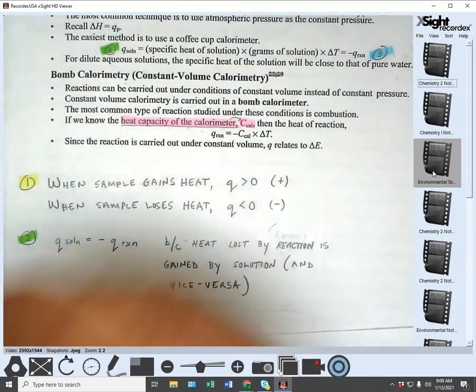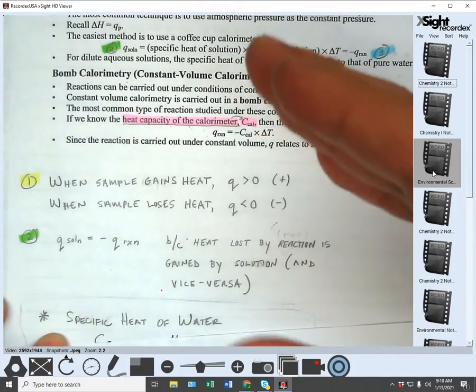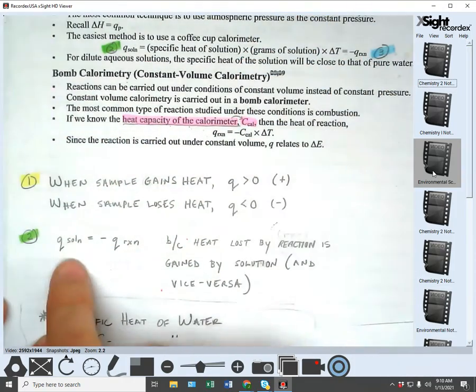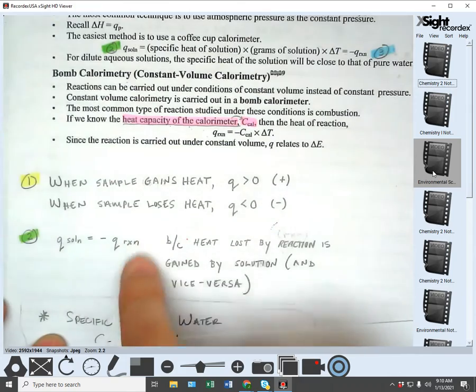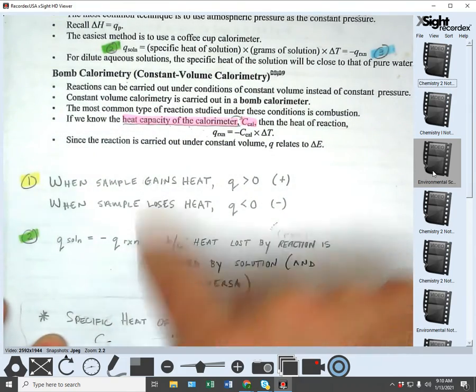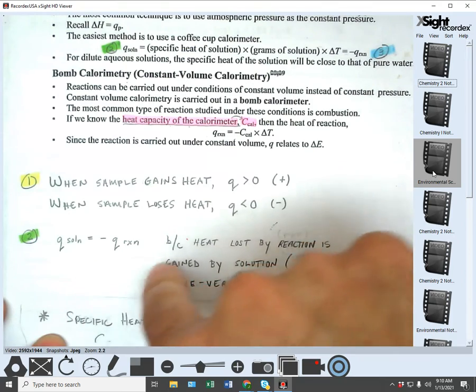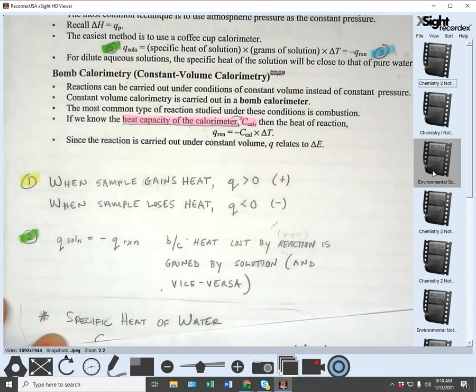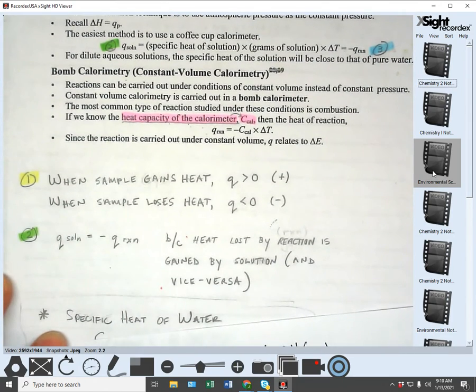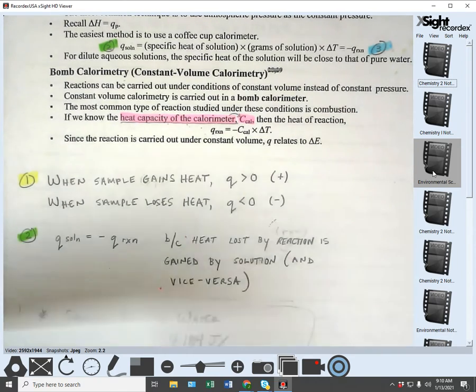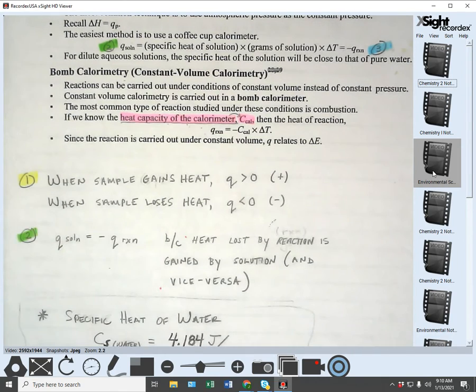So if your temperature goes up, that means the solution is gaining energy, and that means the reaction is losing it. If the temperature goes down, the solution is losing energy and the reaction is gaining it. It can be a little confusing because a lot of times we just think of the liquids themselves as being the reaction.